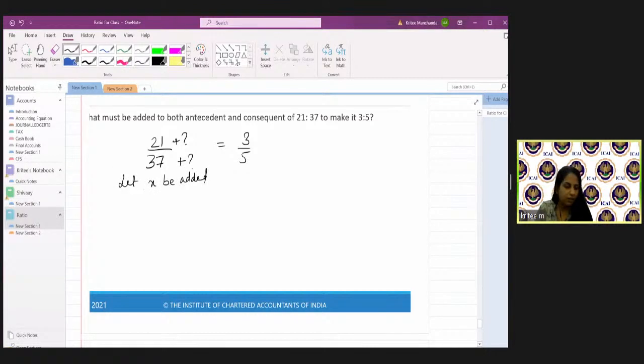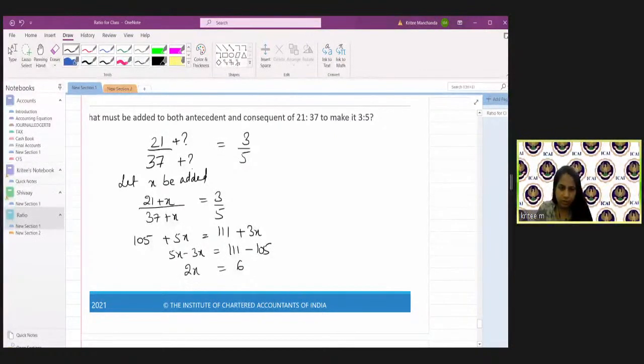So 21 plus x upon 37 plus x gives 3 by 5. Cross multiply: 105 plus 5x is equal to 111 plus 3x. So 5x minus 3x is equal to 111 minus 105. That gives us 6, and x is 3.